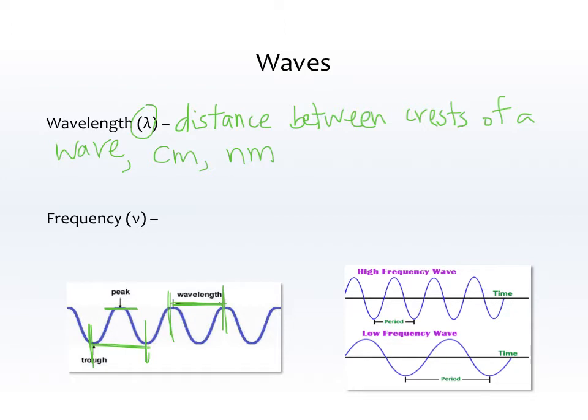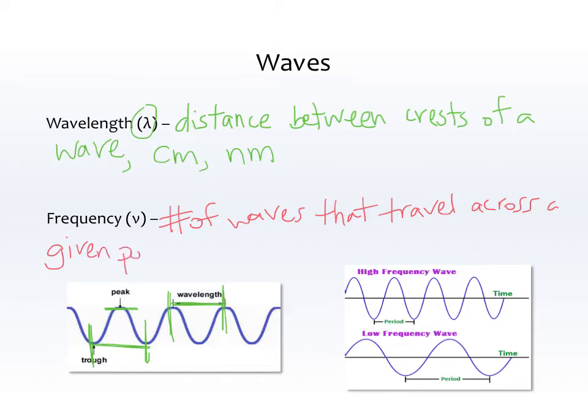Then we have frequency. That's the number of waves that travel across a given point in a given time. So notice this wave, there's a lot of waves, 1, 2, 3, 4 waves in a particular amount of time.